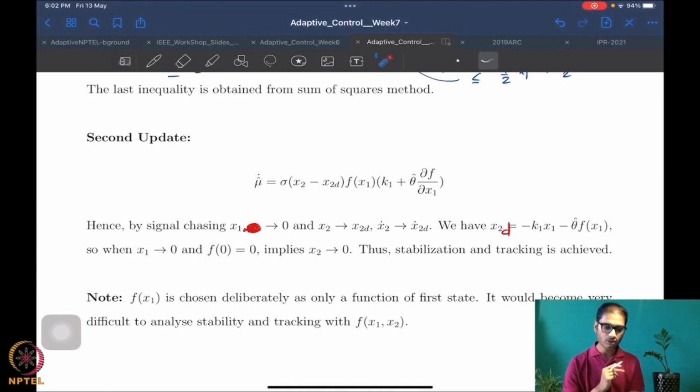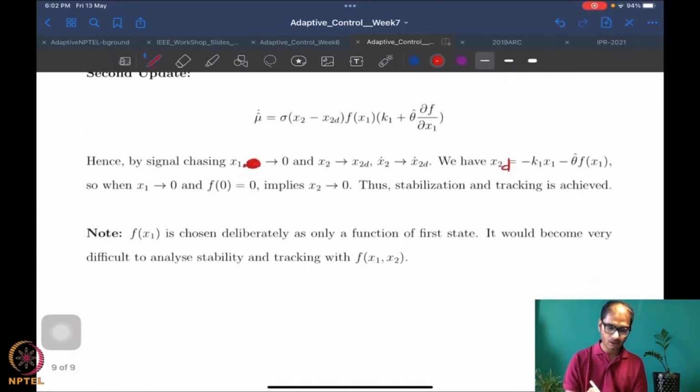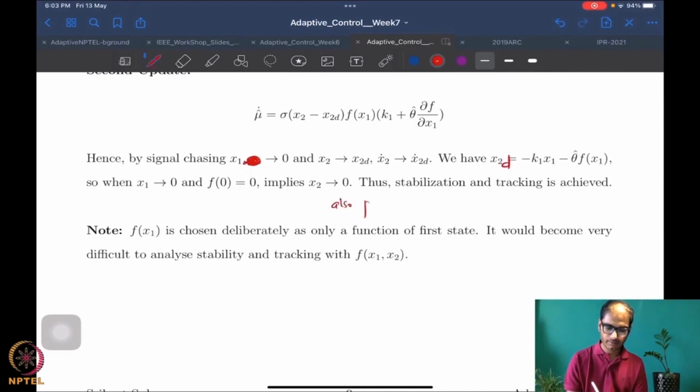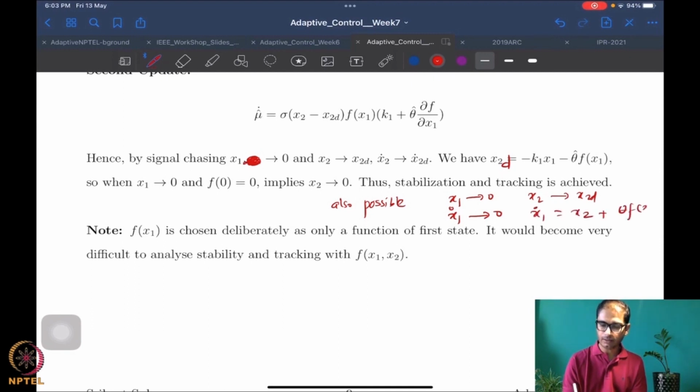I believe this is also possible via another route. So you can show x1 goes to 0, x2 goes to x2 desired, and I believe you can also show x1 dot goes to 0. And from here, x1 dot is equal to x2 plus theta f(x1).